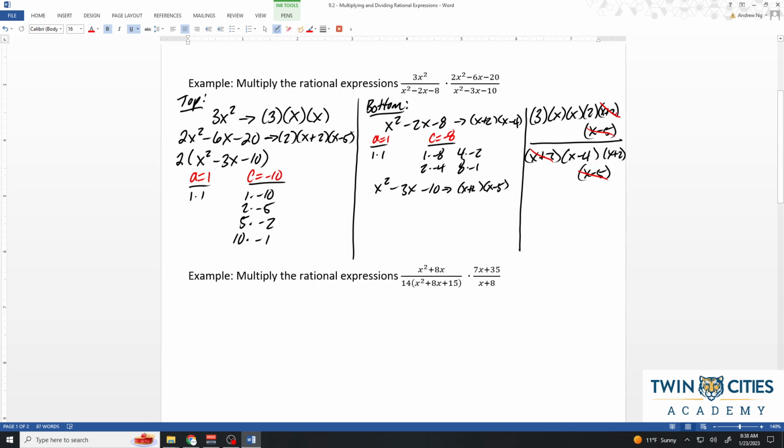I don't have anything else that is both on top and bottom, so I'm going to stop there and say what is left over. I'm left with 3 times x times 2. Let's call that 6x squared over, on the bottom, I'm left with x minus 4 and x plus 2.